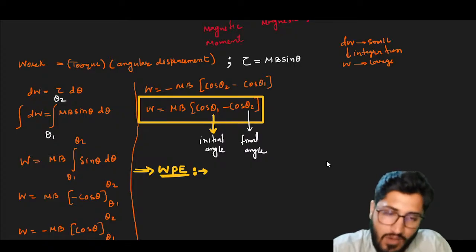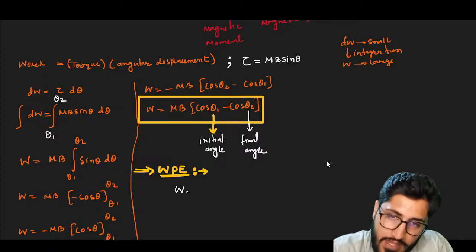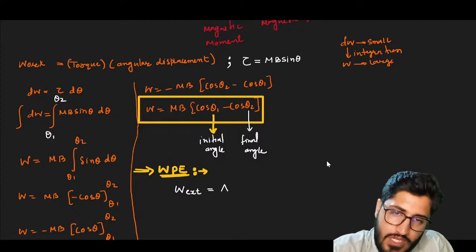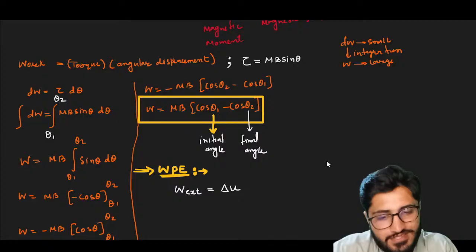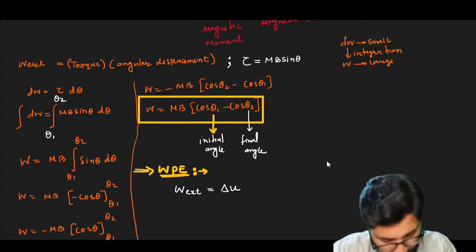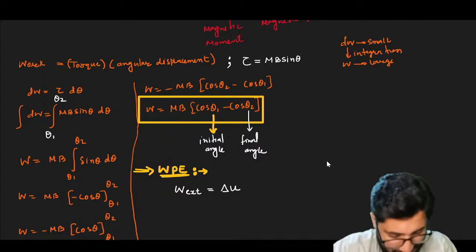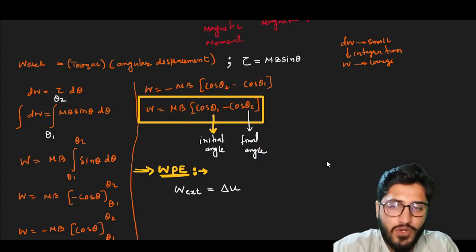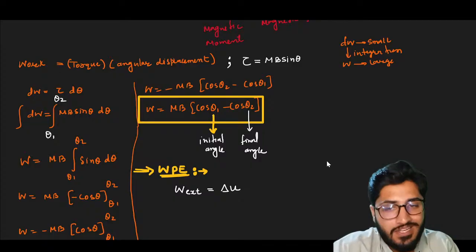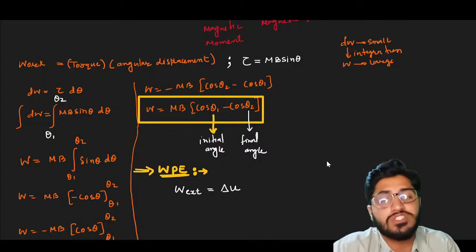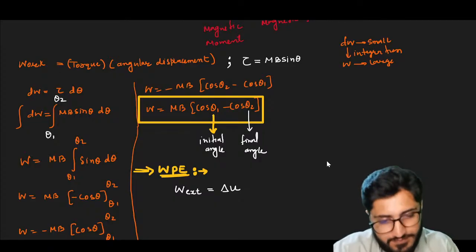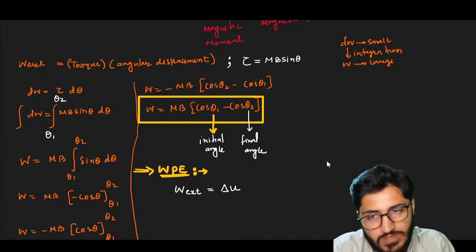Can I write now: work done by an external force equals the change in potential energy? So do you know the work done by the external agent or force equals the change in its potential energy? Done.